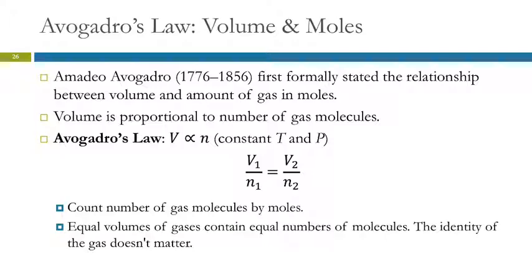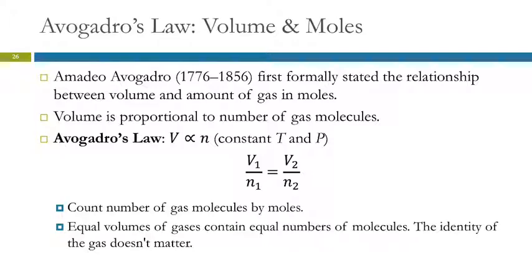Avogadro's law, relationship between moles and volume. So you probably remember the name Avogadro from Avogadro's number. Amadeo Avogadro, born in 1776. He was the first one to state formally the relationship between the volume of a gas and the amount of gas in moles.